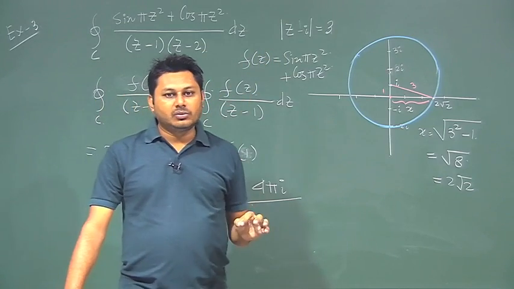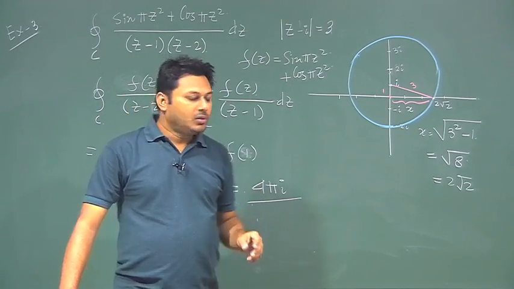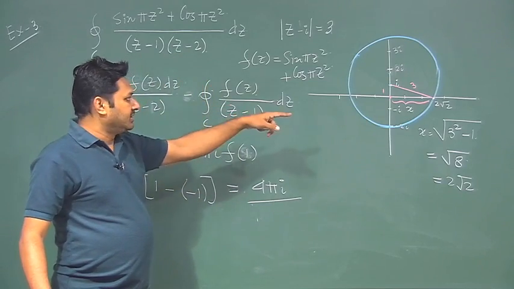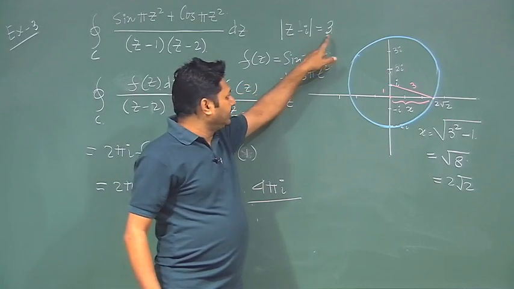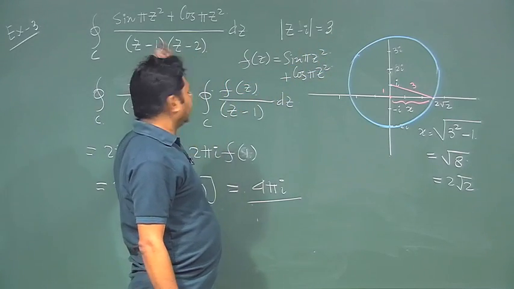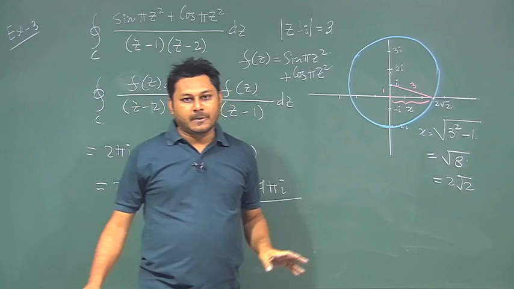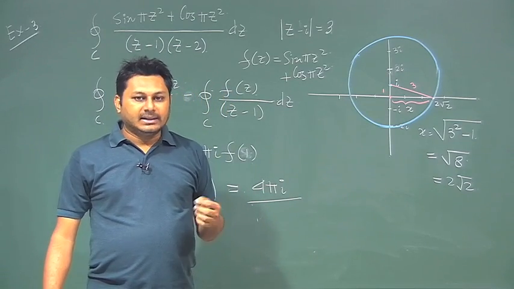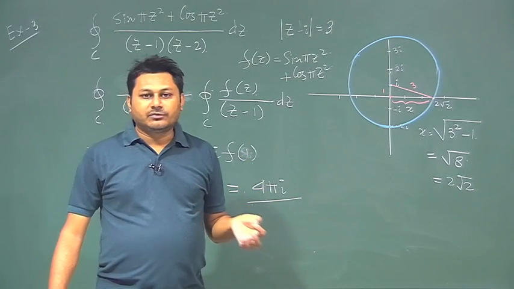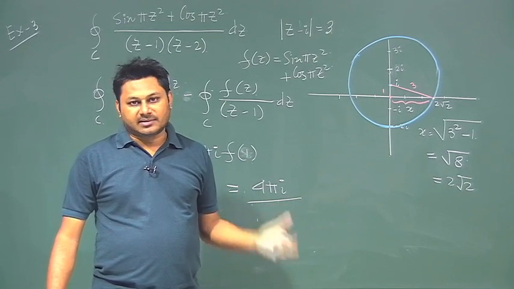First, you find out the region and then find out how many singular points are there in the region. For this case, 2 singular points are there in the region. For example, if one of them, say 2, was outside, then you would get completely different results. So, you need to find out how many singular points are there in the function, and then you just apply the straightforward Cauchy's integral formula and you get the result, that is all.